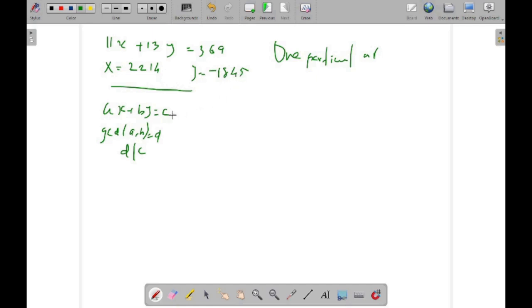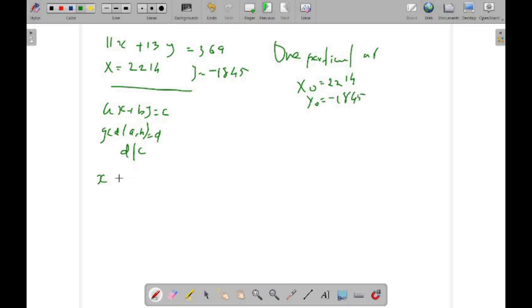Then we can say the general solution: the particular solution x0 is equal to 2214 and y0 equal to minus 1845.